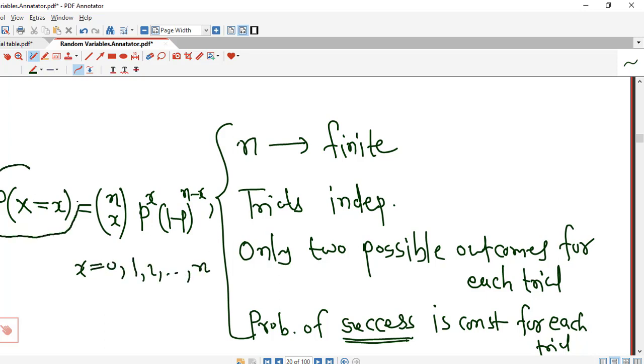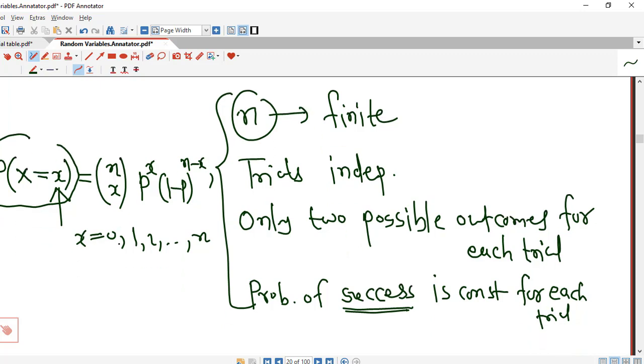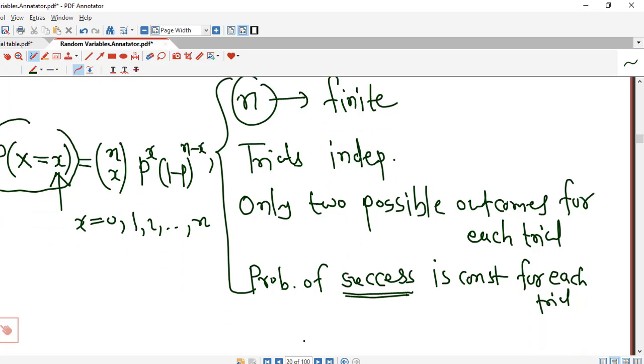This gives us the probability of x successes out of n trials. So you must remember these four conditions, and then we can calculate the probability of x successes using this standard probability mass function.